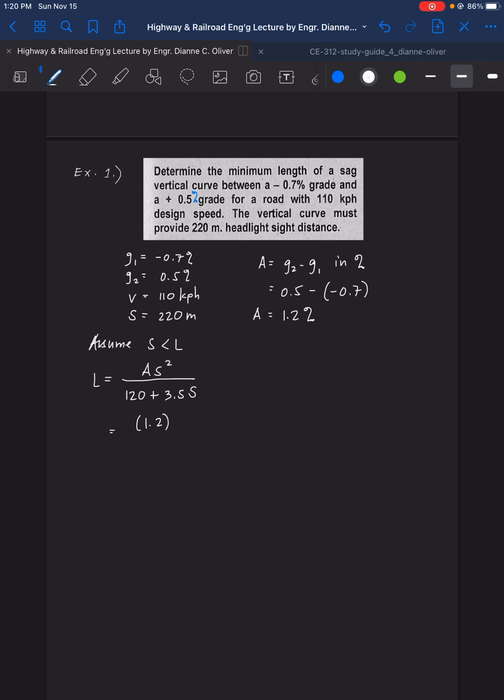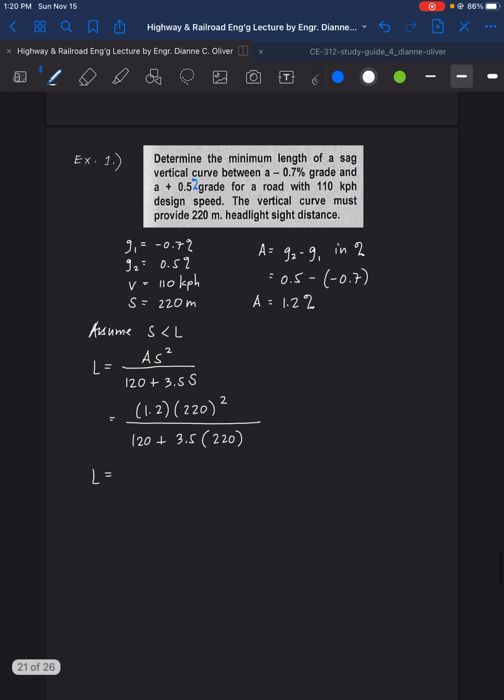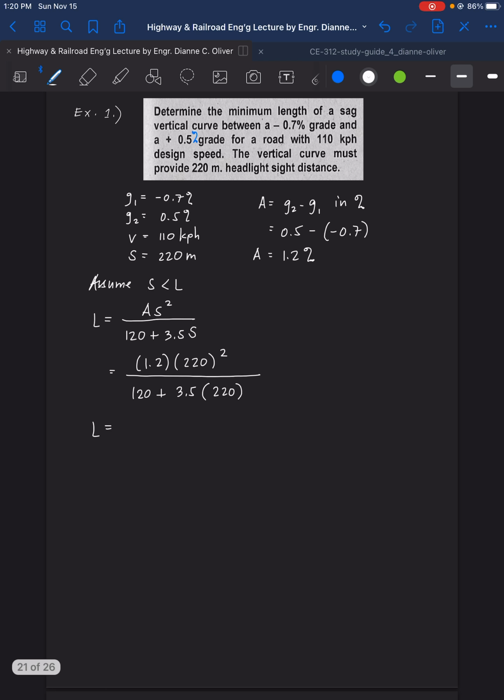So this is 1.2 times 220 squared all over 120 plus 3.5 times 220. So the value of L now is equal to 65.26 meters, and this is less than S, which is 220 meters, so not okay, or we should just say the assumption is wrong.